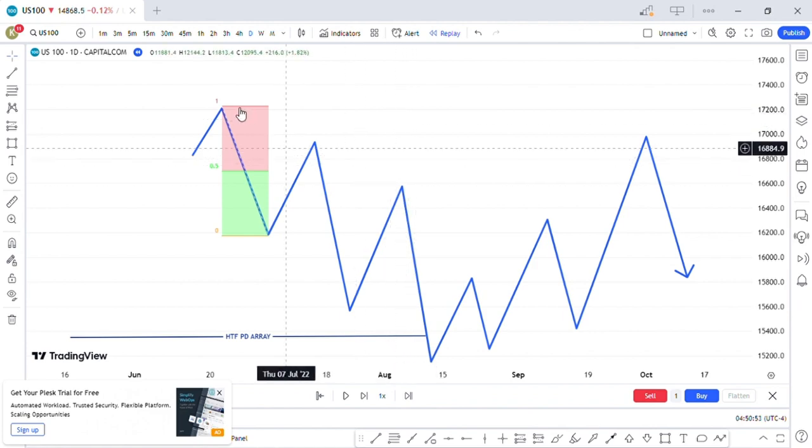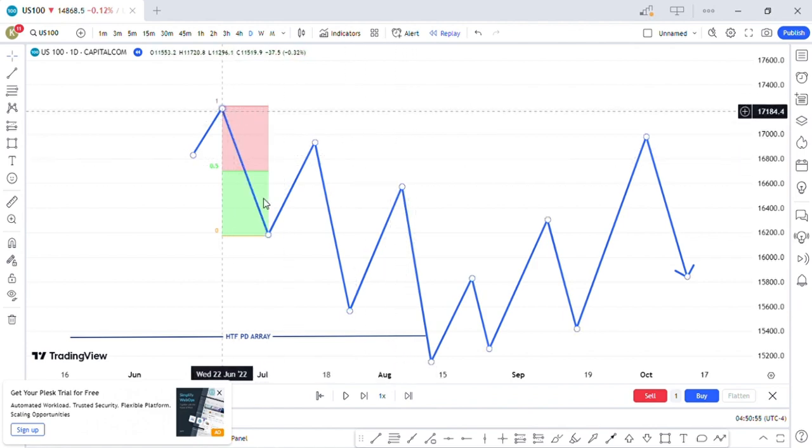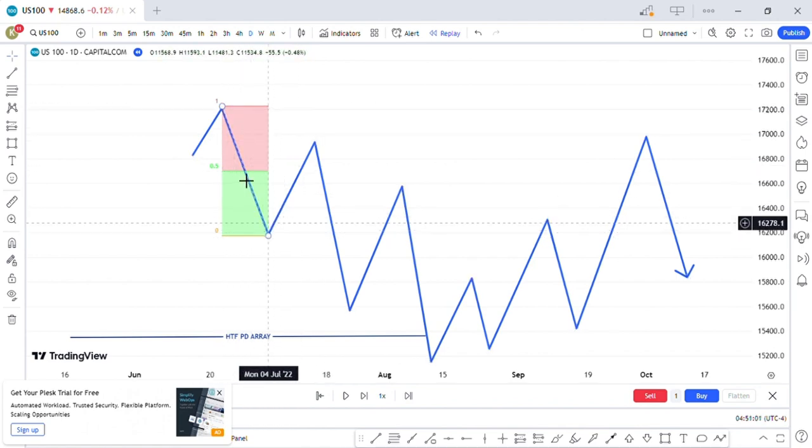What that means is you have this swing high here and this swing low here. You take your fib and put it from the swing high to the swing low. Everything above the 0.5 is a premium market. That's where you need to sell, because we are trying to get to this higher time frame PD array here. So you look for a PD array in a premium market.